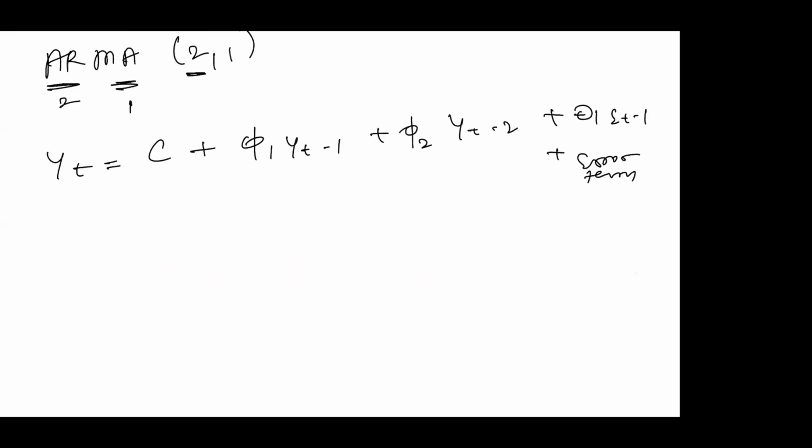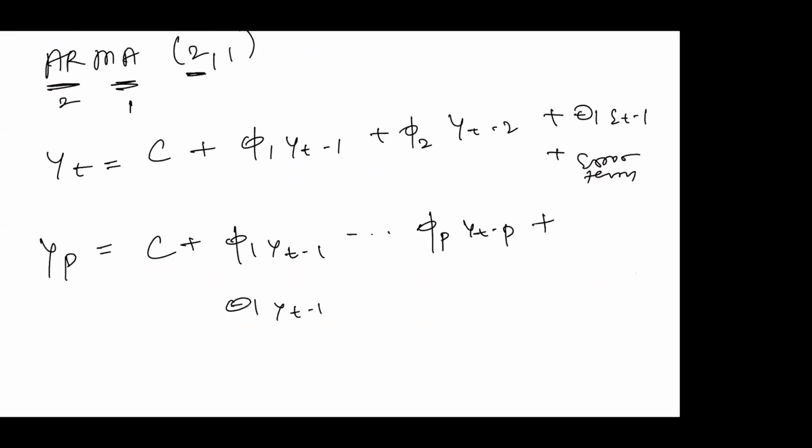You can generalize this: Yt = C + phi1 Yt-1 up till phiP Yt-P, and similarly theta1 Et-1 up till thetaQ Et-Q, because this is the MA component, plus some error term.